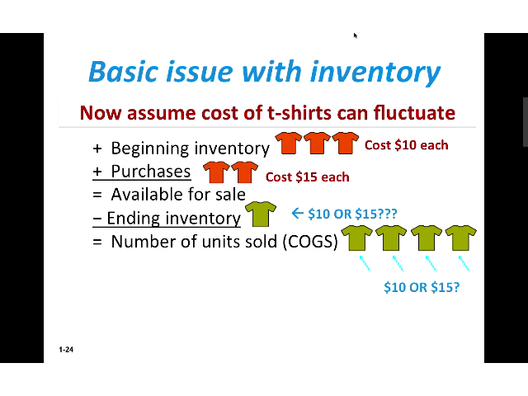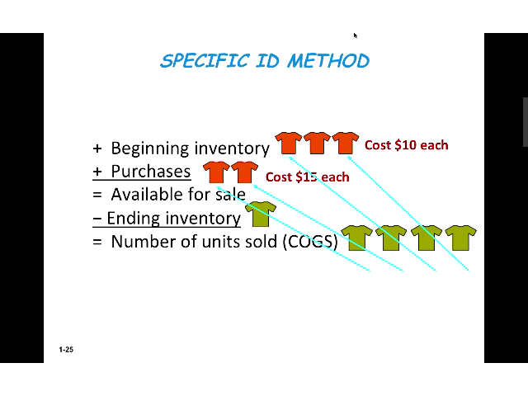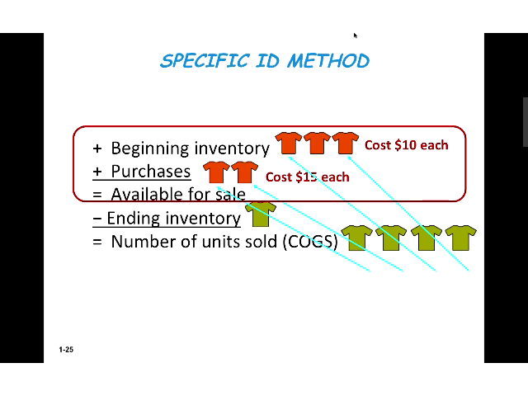The problem with using the t-shirt example is you look at it and go, this really doesn't make a lot of difference. What's the difference between $10 and $12? Not that much. But keep in mind, when companies do this, we have billions of dollars at stake, and it is a big deal. So the first method we might say is, in our little example here, we might say, well, we know which t-shirt's left.